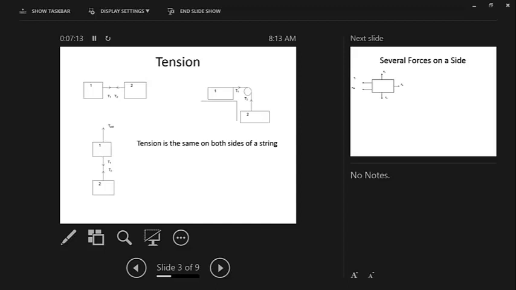So if I pull the string here, that string gets pulled that way also. There's only one tension in the rope, okay? Between any two objects, there exists only one force. Cool? Two objects, one force.